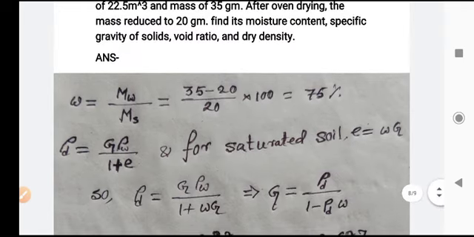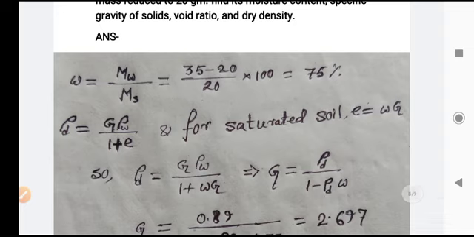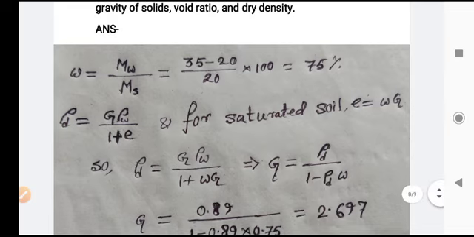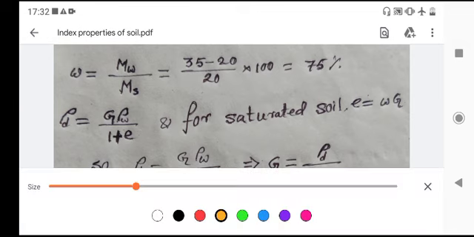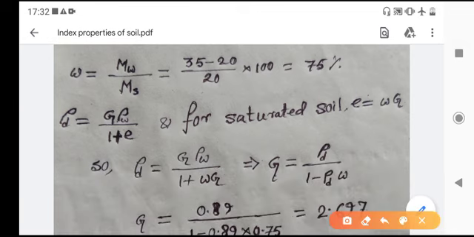We calculate dry density rho d equals ms by V, where ms, the mass of solid, is 20 and volume is given as 22.5.